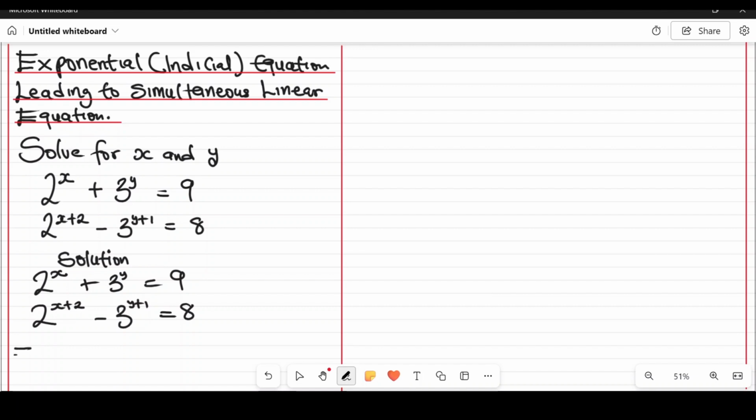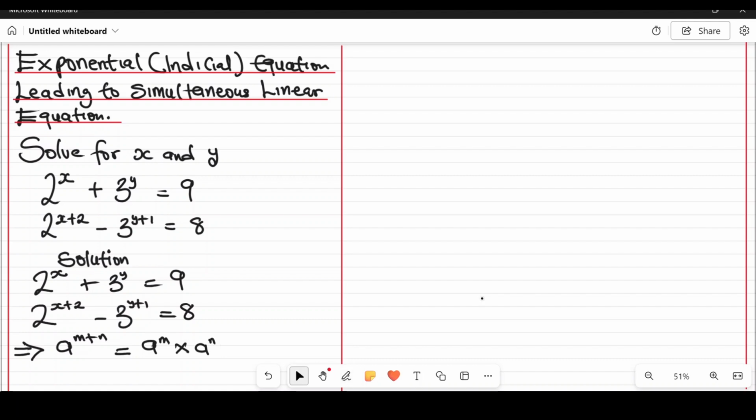Now, from our laws of indices, we know that if I have a^(m+n), this can be expressed as a^m times a^n.